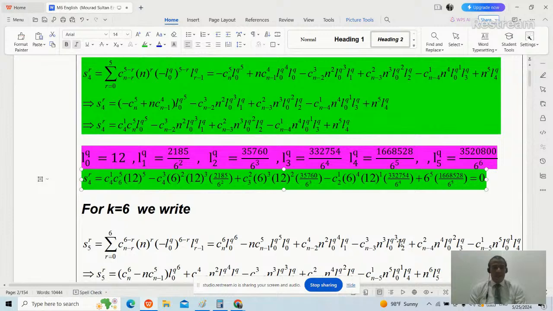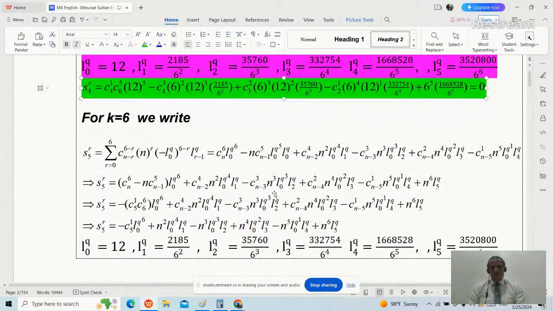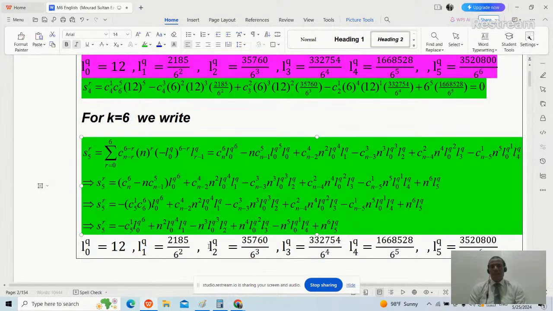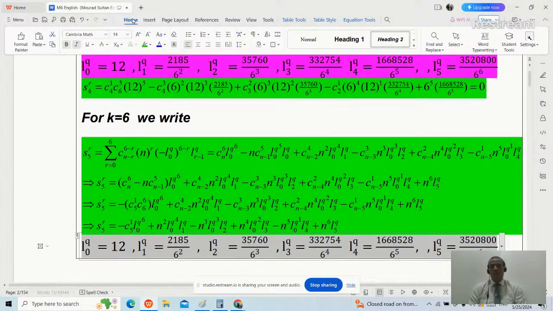I will make the gray color for this one, learners, this value of L_r for the q, respectively, of course.